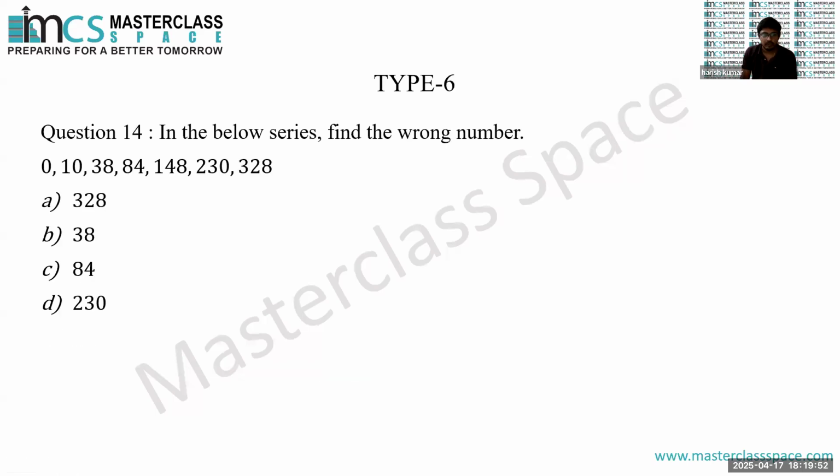Okay. So in this, we have to find the wrong number. All the numbers are following a particular sequence or pattern, but there is one number which is not following that pattern. So you have to figure out which number that is. So what is that number?